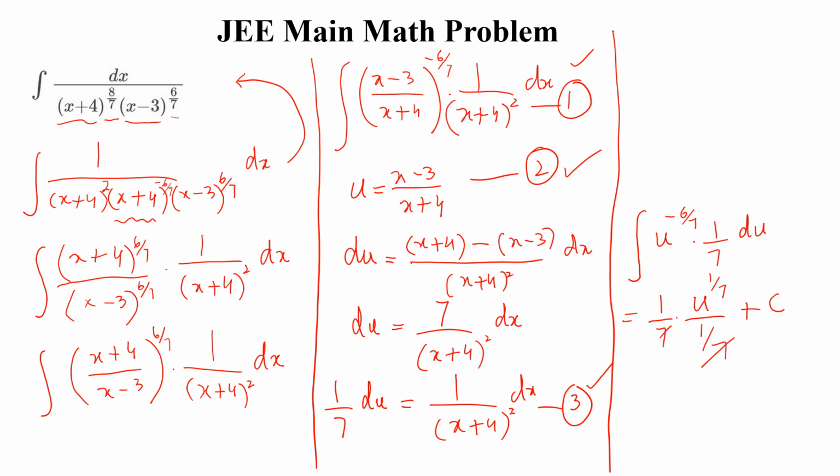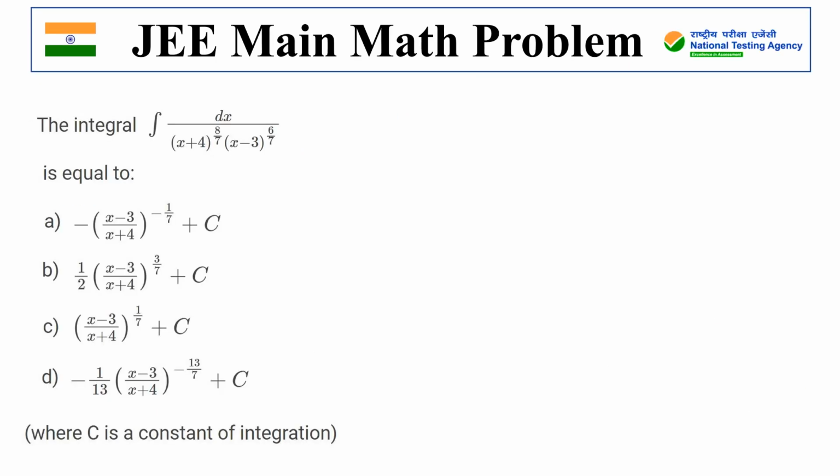This is cancelled with this, and u is equal to (x minus 3) divided by (x plus 4), so the answer is ((x minus 3) divided by (x plus 4)) to the power 1 over 7 plus c. And the correct answer is option C.